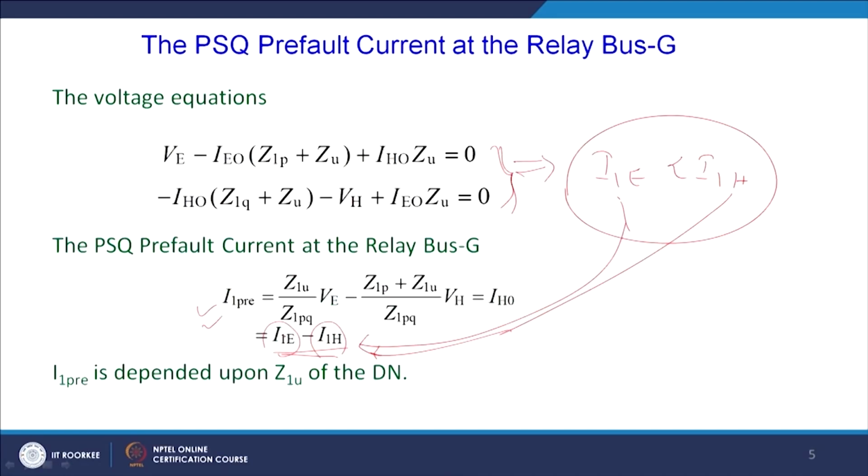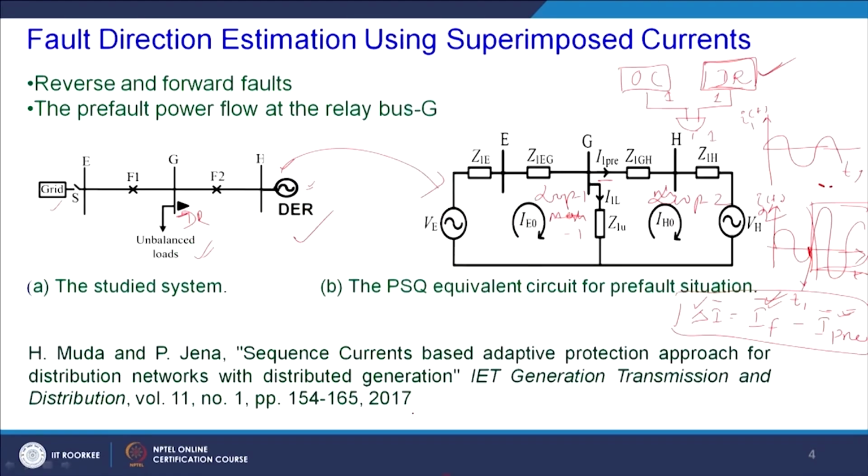Now, what is this I1E? It is the current contributed by the source VE, and I1H is the current contributed by the source VH. See this picture: for this relay location here, the source VE will contribute some current, let us say I1E, and VH will also contribute one current, I1H.